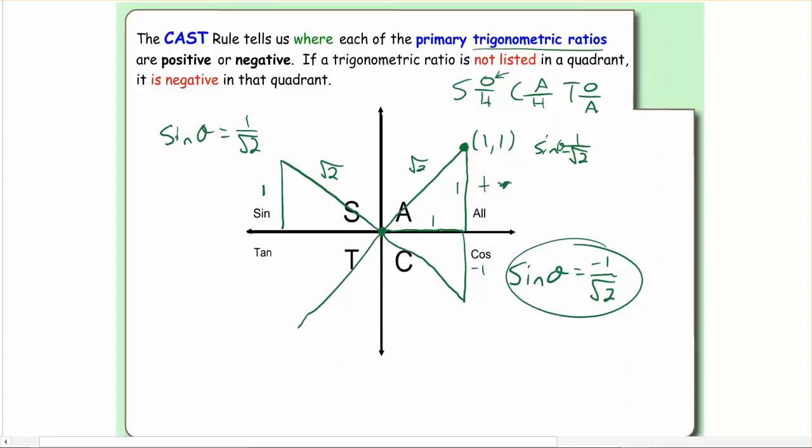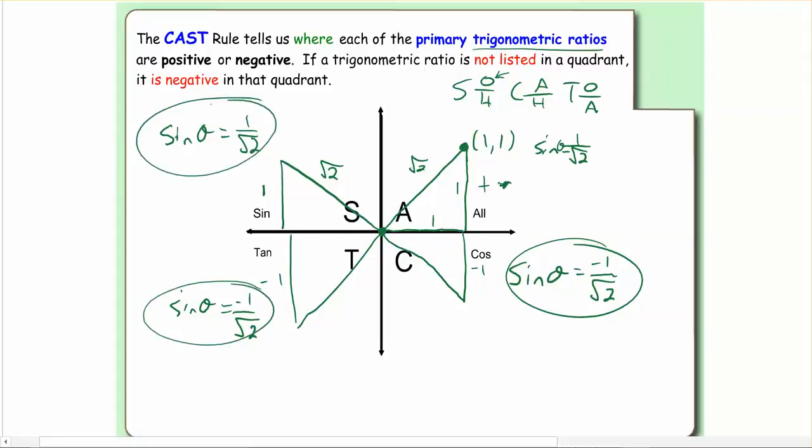Down here, if I did it again, I'd have negative 1 coming down, so sine theta is equal to negative 1 over square root 2. So you can see we've got pretty much the exact same thing, except that in All, sine is positive, and down on the bottom it's negative. So they're all going to be kind of different, right?